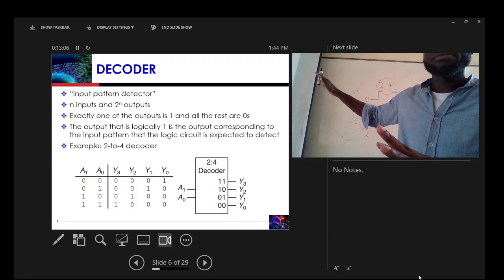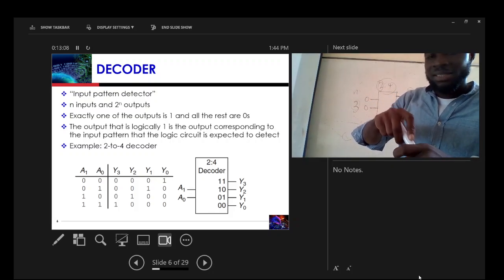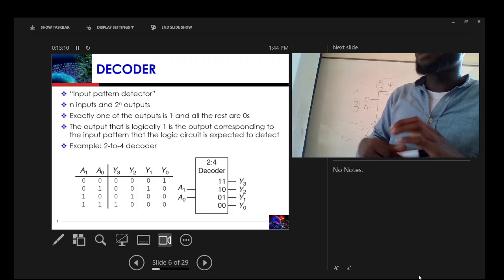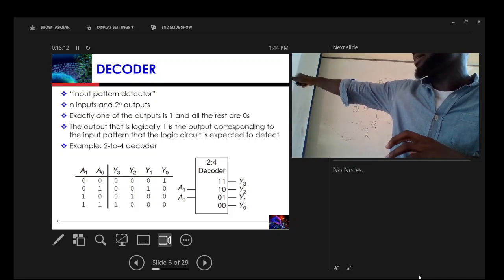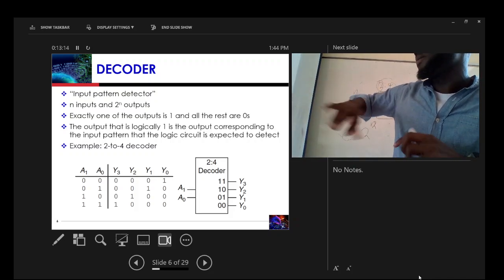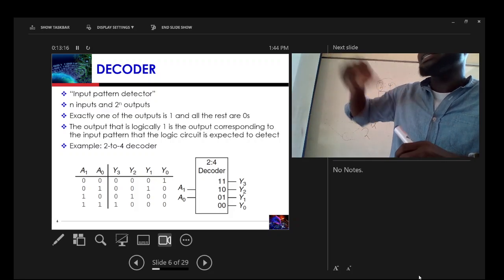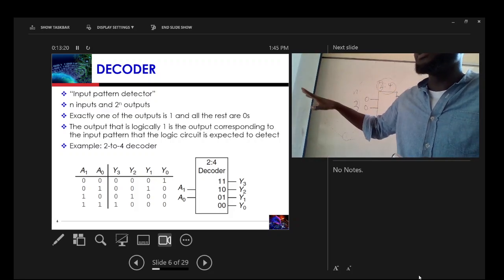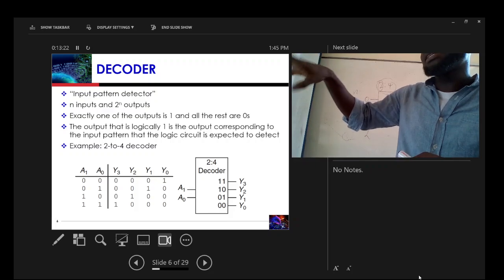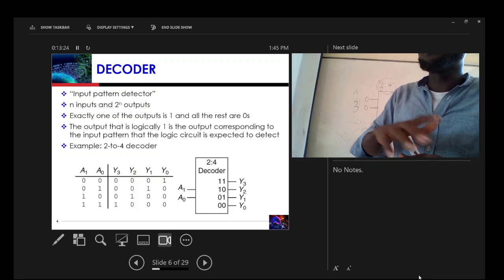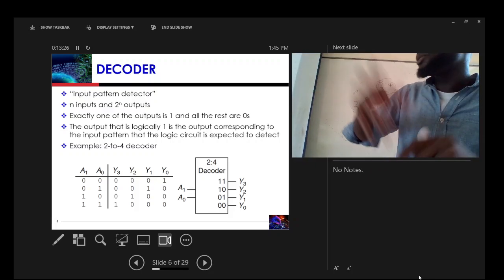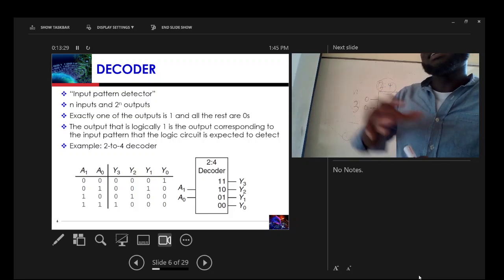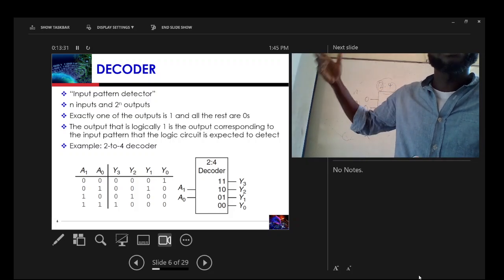Do you understand? So now the important thing here is how do I use logic gates to design what is inside the decoder? If you're looking at the high level, this is what the decoder is. You know the inputs, you see the outputs. But what is inside there? What gates are used inside there? How do I use the logic gates we have learned to design the inner architecture of the decoder?